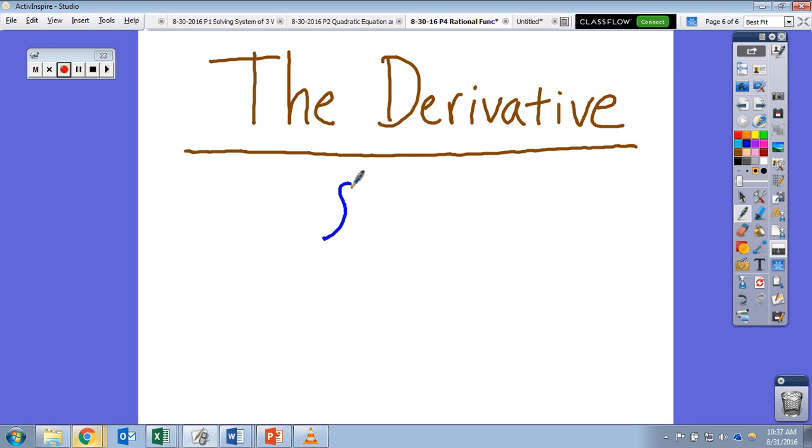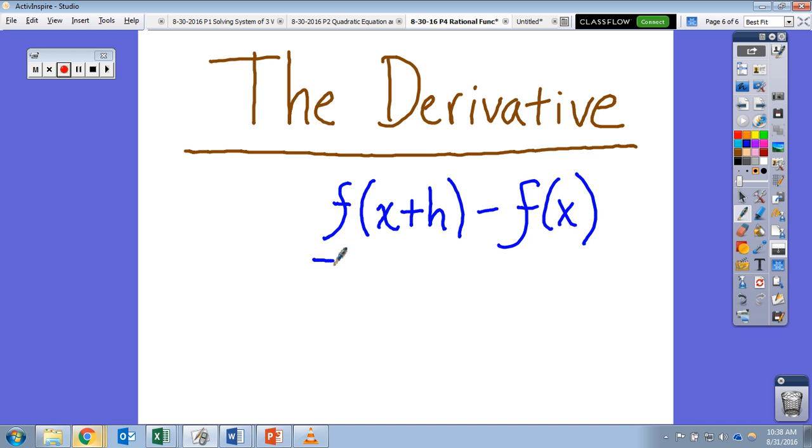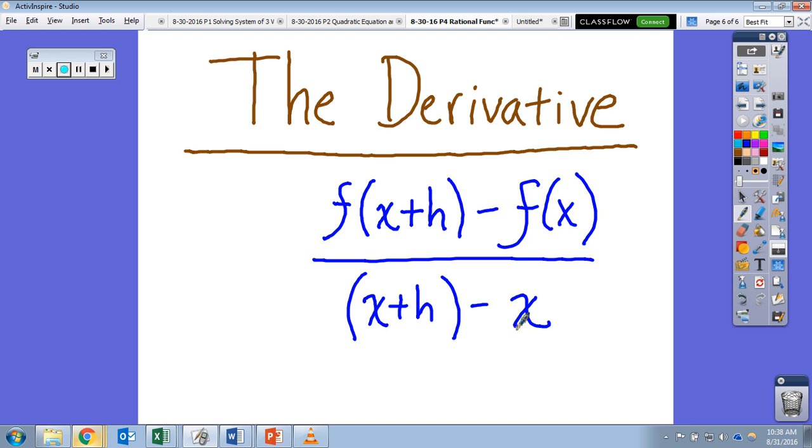We say that the difference quotient, or the average rate of change, which I showed you graphically, was this. And the derivative, I showed you, let's shrink that x.